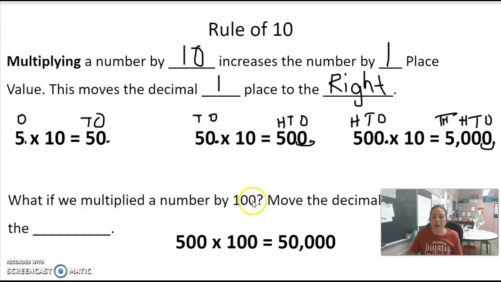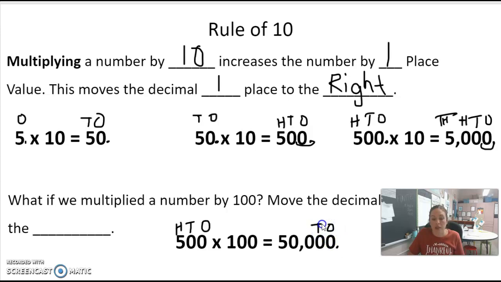What if we multiplied a number by 100? Well, here we have multiplied 500 times 100. And I know that the answer is 50,000. So let's see how many times the 5 moved. Right now it's in the hundreds. I have 0 tens and 0 ones. Okay, well, let's put our 50,000 in a place value chart.